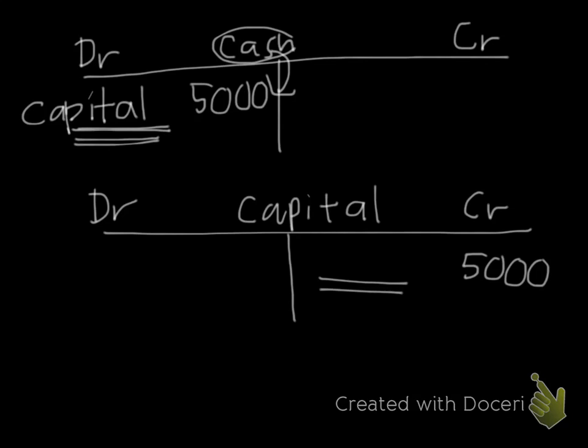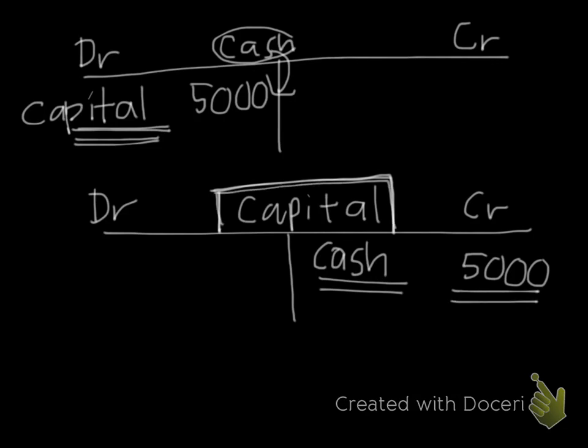And the capital account now shows that it is increasing in a capital account or owner's equity account, which means the business now owed to the owner, because owner brought in their cash of 5,000. The capital account is an owner's equity account.